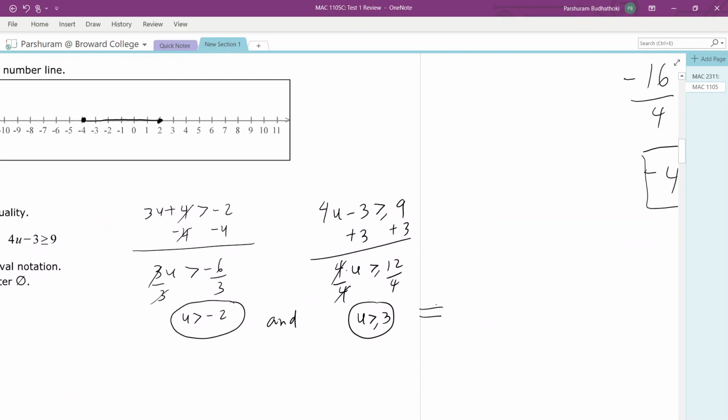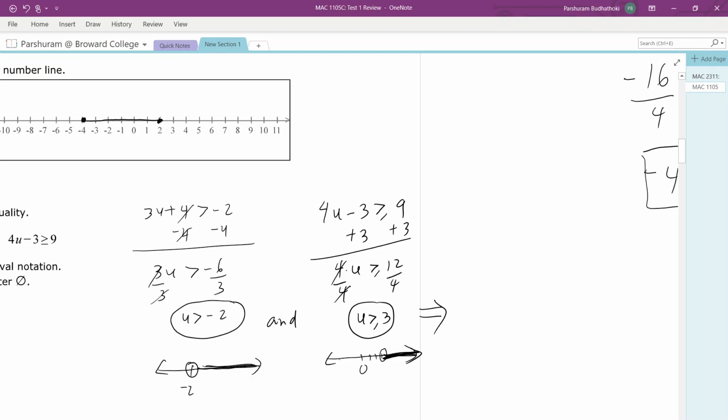The union of these two things is everything. Here, greater than negative 2 means everything to the right side, and u greater than or equal to 3 means everything to the right side.